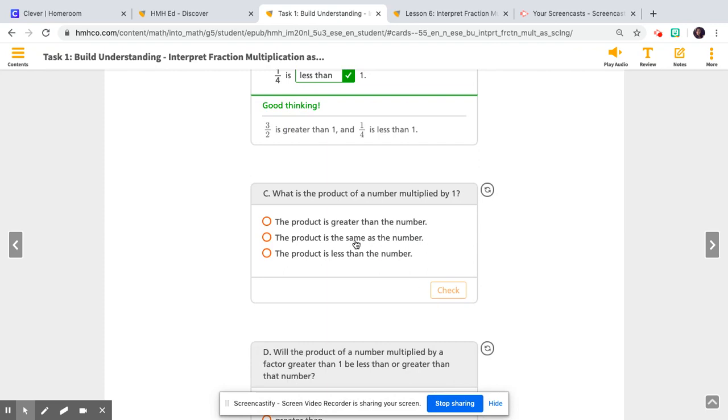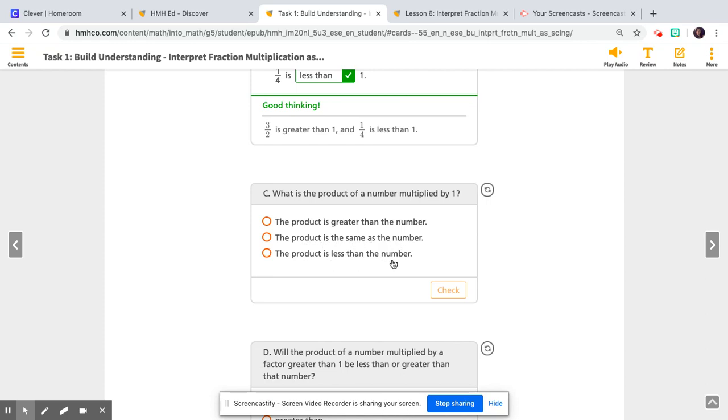Part C. What is the product of a number multiplied by 1? It's asking what the answer to a multiplication problem is if the number is multiplied by 1. Is the product greater than the original number, the same as the number, or less than the number?